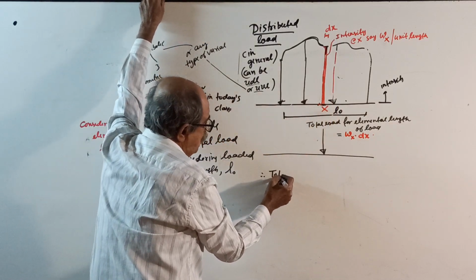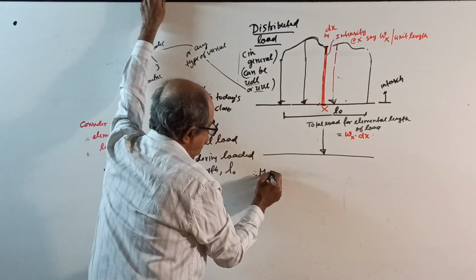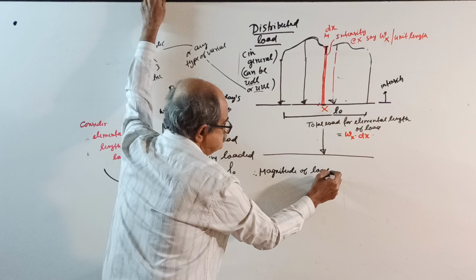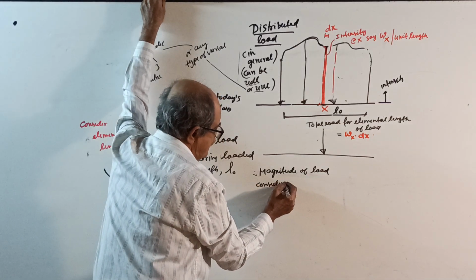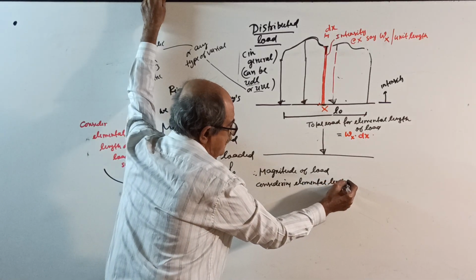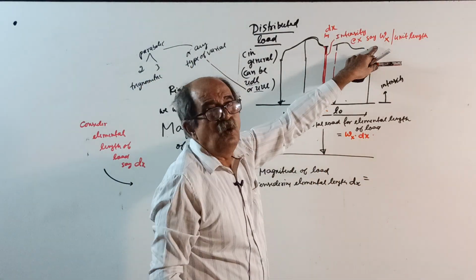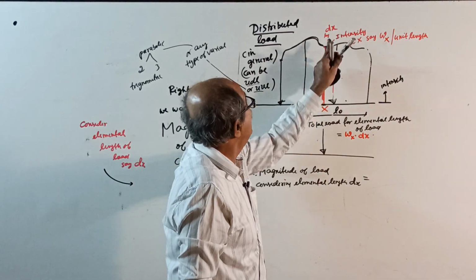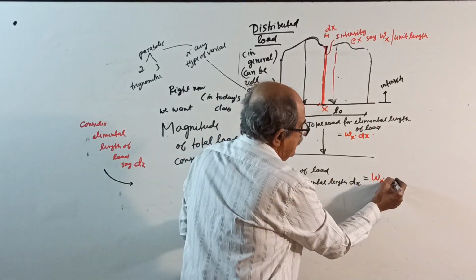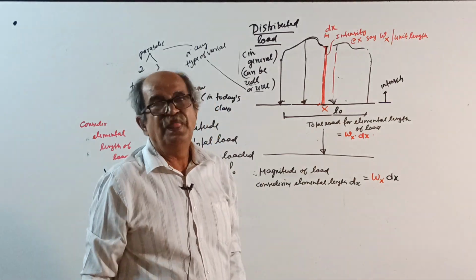Therefore, the magnitude of load considering elemental length dx is equal to, w is the load per unit length, we are considering length dx, so it equals w_x into dx. This is a load, very simple.